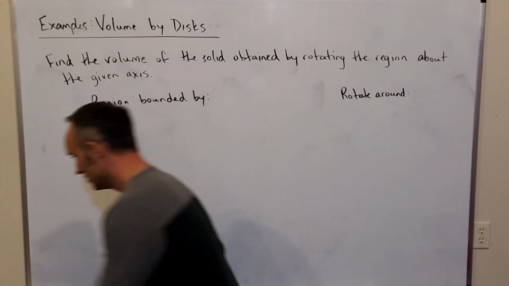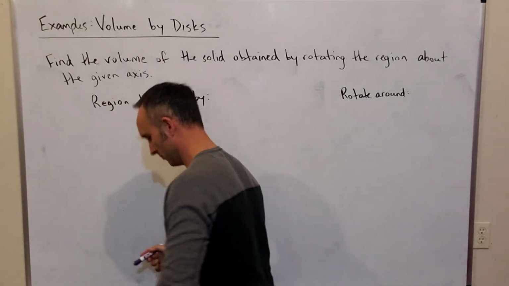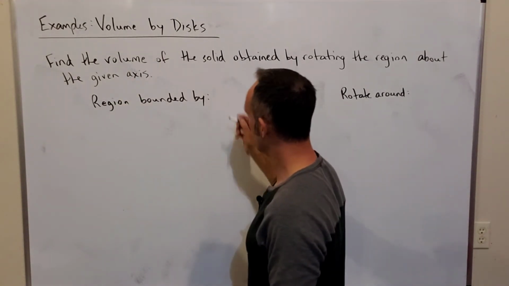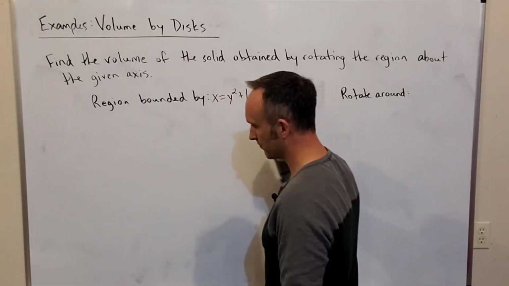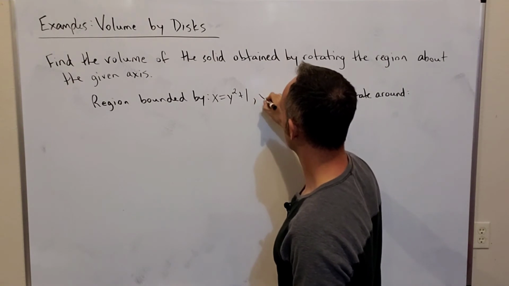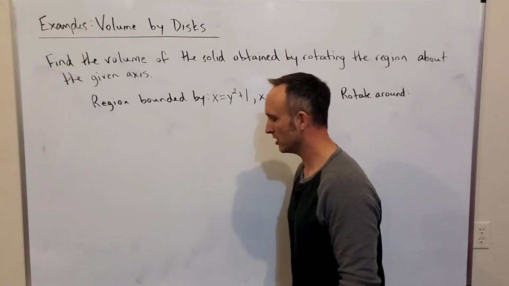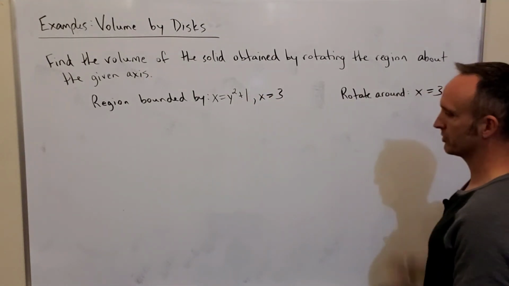Okay, so example 4 looks a little bit different than the others. Let's say we have the region bounded by x equals y squared plus 1 and x equals 3. So we've got this curve and this line creating a region, and let's rotate it around the line x equals 3, okay?